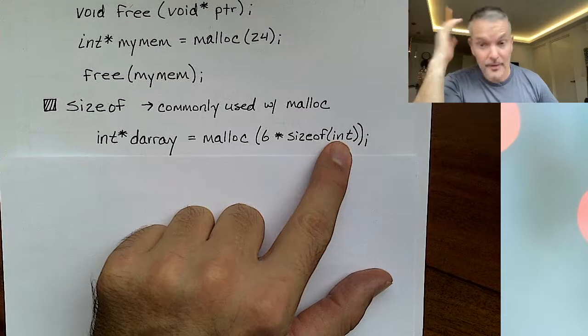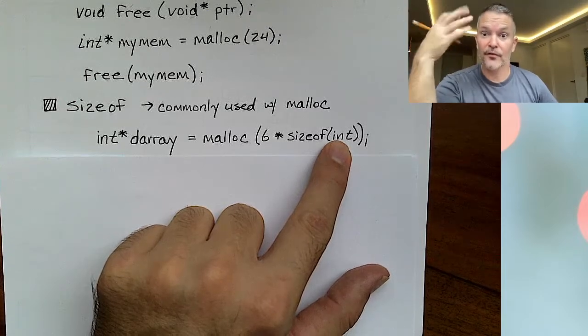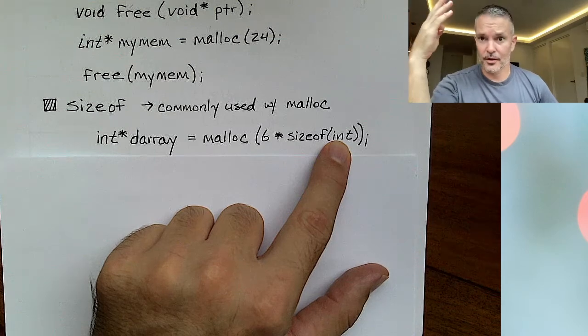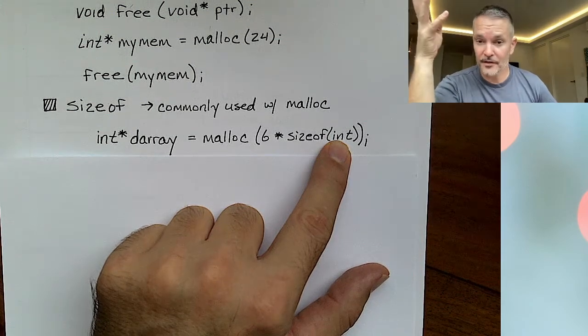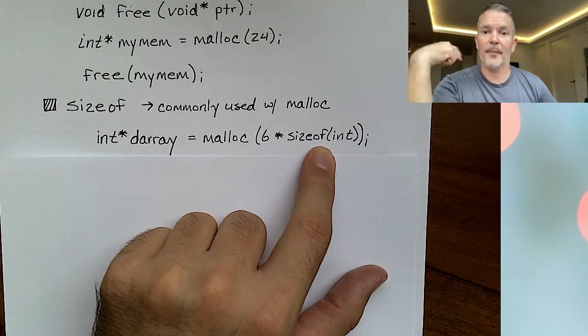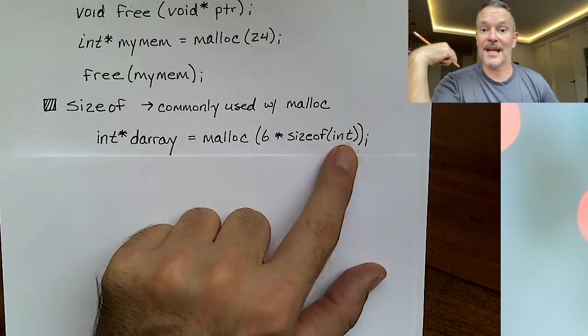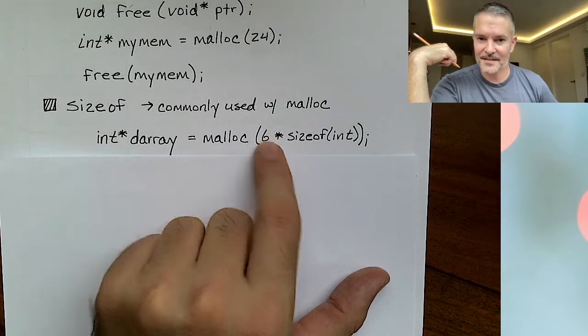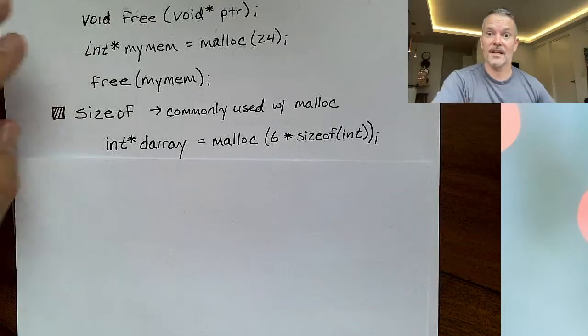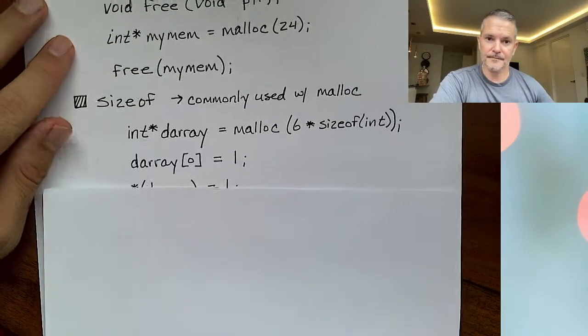Now on my computer, sizeof(int) will return 4 because an integer is stored in 4 bytes. That's common in most modern computers, but your computer could be different. So the sizeof operator will return how many bytes are needed to store this type, and then we multiply it by 6 so that malloc will give us enough space to hold 6 integers in memory.